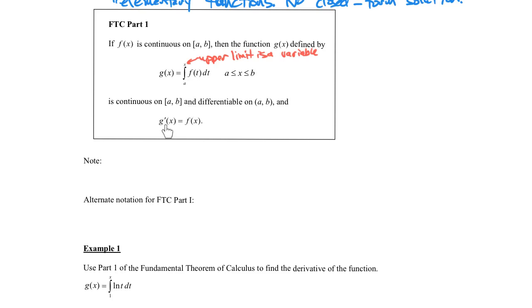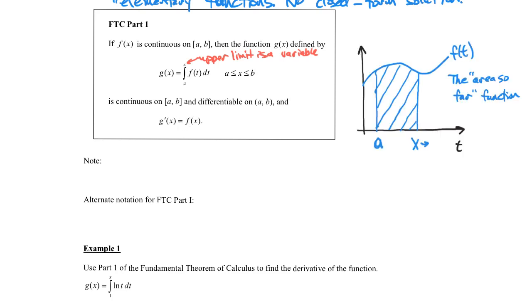It's kind of like this: if you take the derivative of this, the integral goes away. So it's basically saying that these are inverses of each other, like when you take the square root of a square, the square root and the square cancel each other. It's the same sort of idea.